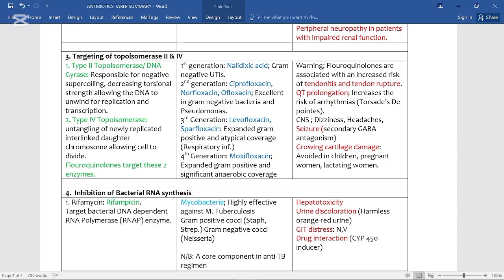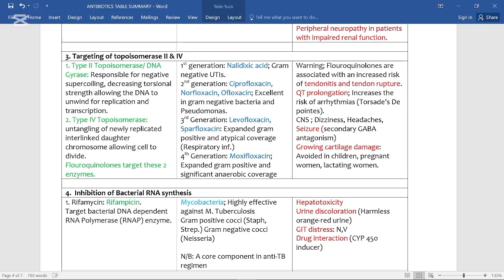So for chronic users, those who tend to use fluoroquinolones for long, you have to check on that. Then there's also QT prolongation. For chronic users of fluoroquinolones, especially those with cardiac issues, we may have serious arrhythmias because these drugs tend to cause QT prolongation. So you have to be very keen when administering these drugs to clients who have cardiac issues.